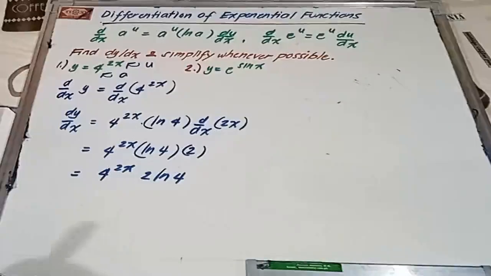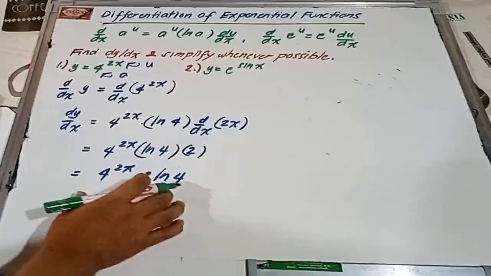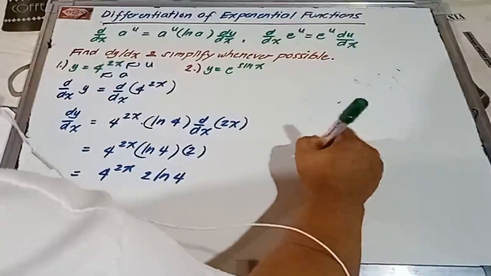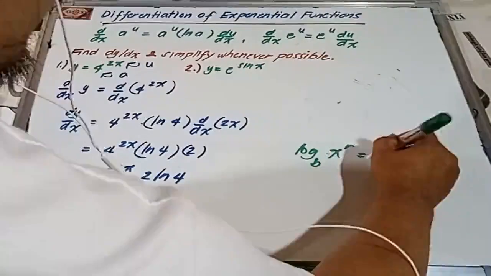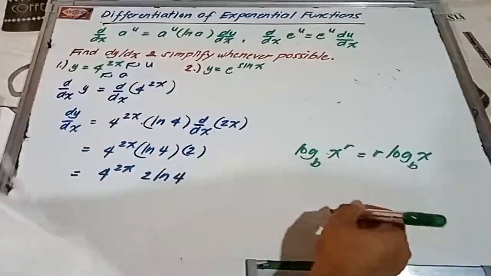Kung natatandaan nyo pa doon sa aking video about differentiation of logarithmic functions, we can use the properties of logarithm in simplifying this expression. So, natatandaan nyo pa that logarithm of x to the r to base b can be written as r log of x to base b.